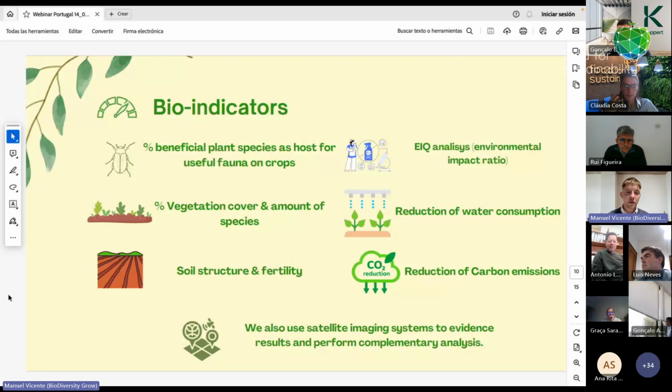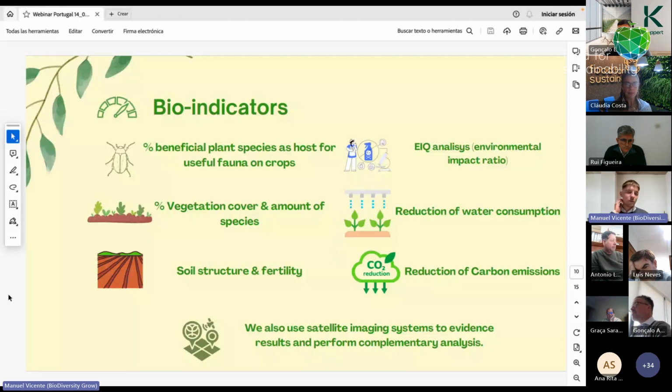Well, for example, the percentage of beneficial plant species as hosts for useful fauna on crops, the percentage of vegetation cover, and the number of species they have, particularly those that are more important for successful production, the soil structure and fertility, the EIQ analysis, the environmental impact quotient, the reduction of water consumption, and also the reduction of carbon emissions.